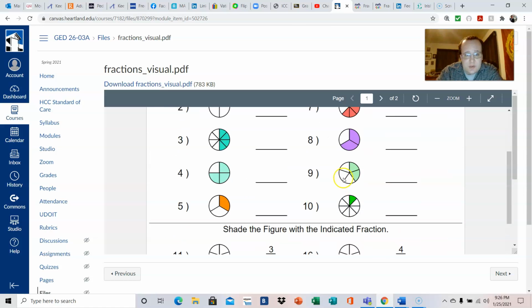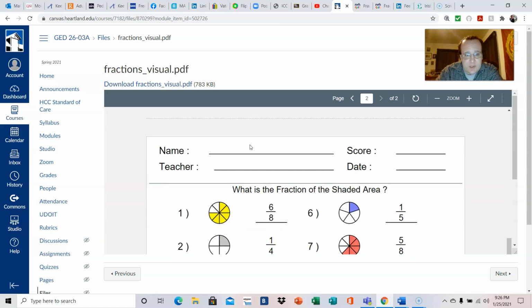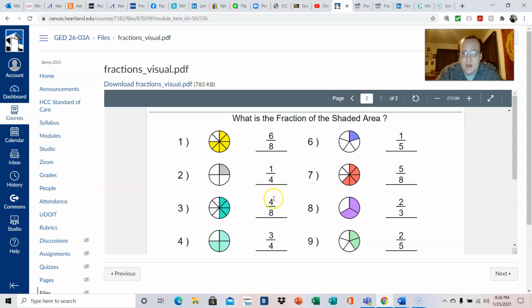Let's try number 3 here. 1, 2, 3, 4 parts are shaded, so 4 over, 5, 6, 7, 8, out of 8 parts total. 4 over 8, or 1/2 of the circle is shaded. So let's check number 3. 4/8.